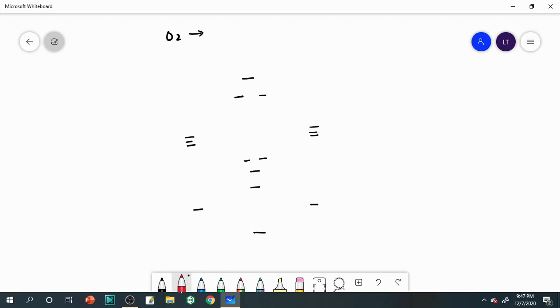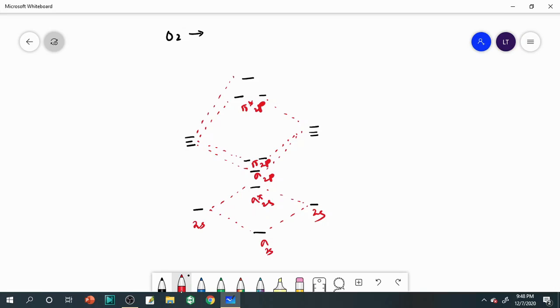So you now just join these things. This is 2s, this is 2s, so this will be sigma 2s, this will be sigma star 2s, and now this is sigma 2p, these two orbitals will be pi 2p, and this will be pi star 2p, and this will be sigma star 2p.